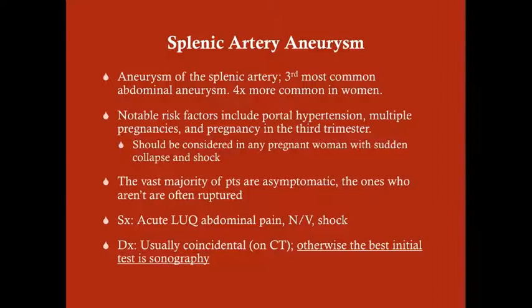So some notable risk factors include portal hypertension, and of course the reason for that is, if you remember, where does the splenic artery come from? It comes off of your celiac trunk. And your celiac trunk also gives rise to your common hepatic artery, which will eventually go in as the proper hepatic artery.